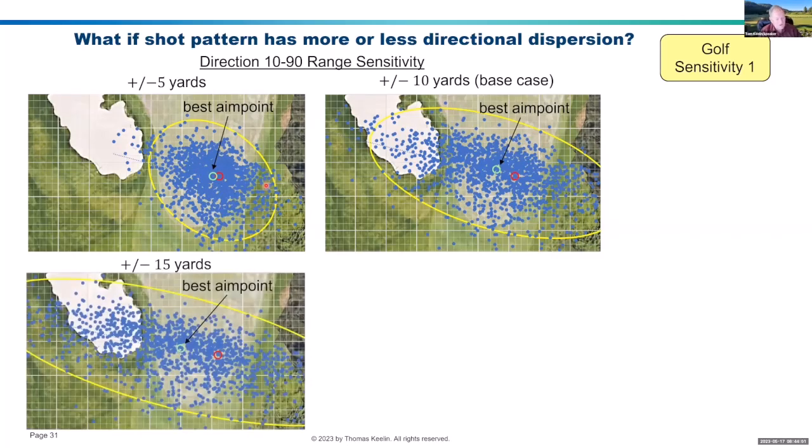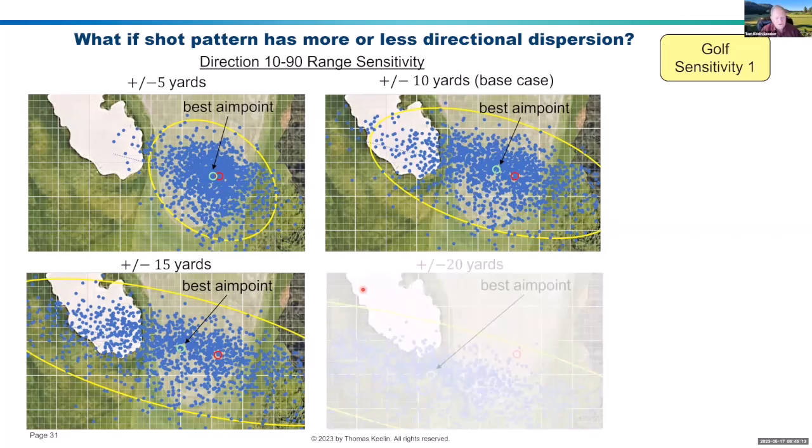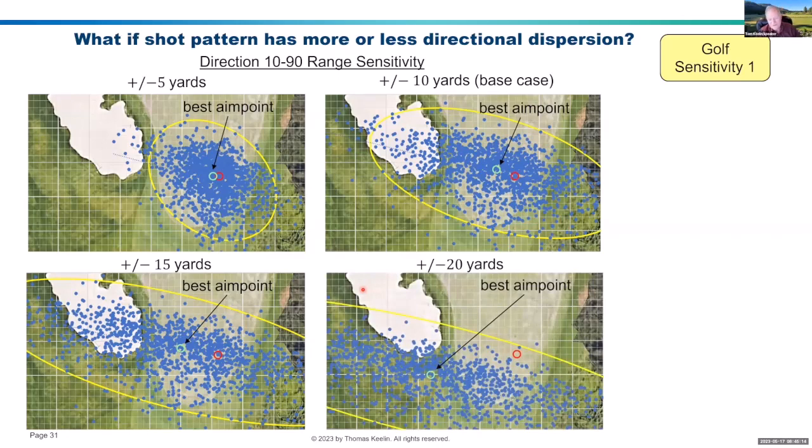What if you're a less skilled golfer? What if your 10-90 range is plus or minus 15 yards? Well, in that case, your best aim point is to target farther from the hazard. In this case, it turns out to be about 6 yards from the hazard instead of 3. Now, this is a pretty wild golfer, a high handicapper.